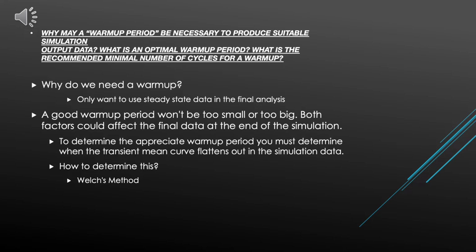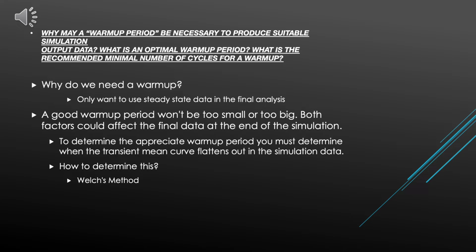We need these warm-ups for when we use the steady state data in simulations. We're going to need that warm-up period for when we break down the data at the very end, and we don't want that warm-up period to be mixed in with the final analysis of the entire steady state simulations.